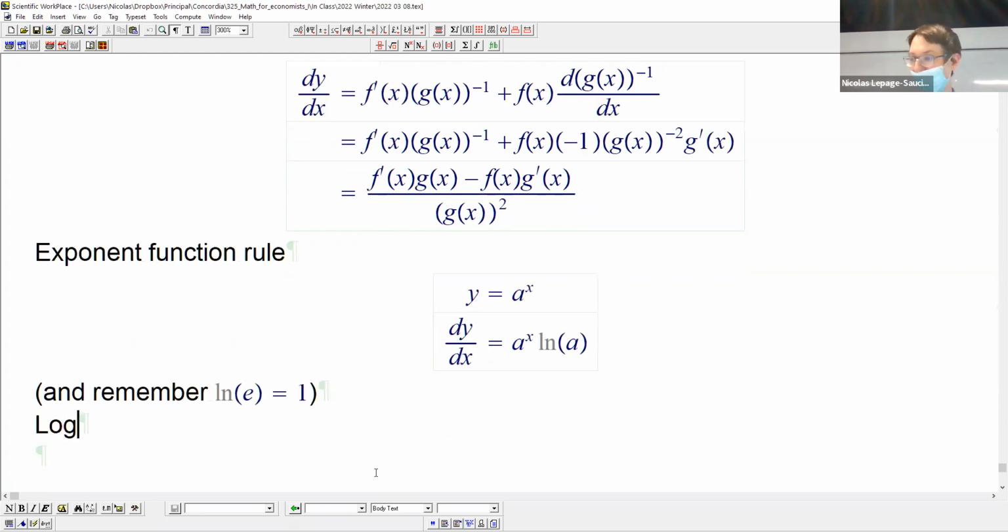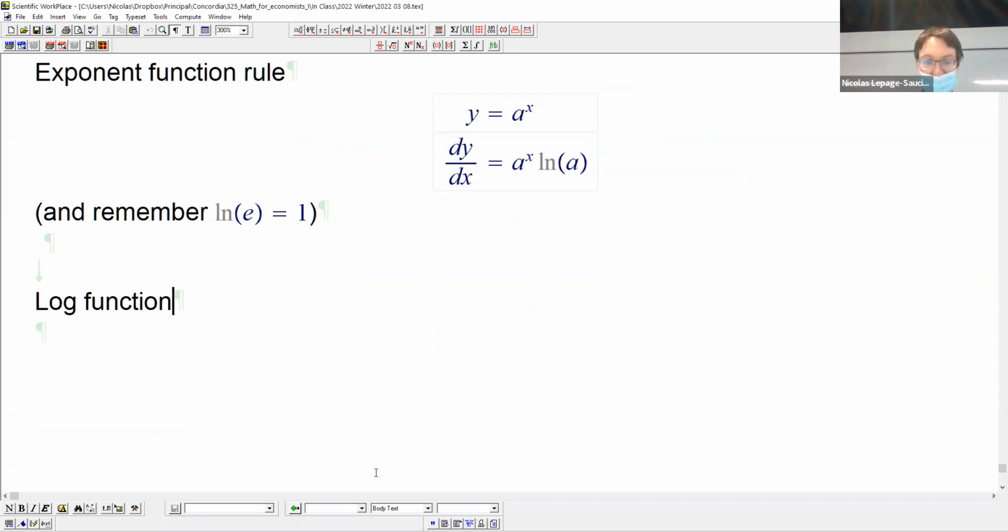Log function rule. So if I have y equals log base a of x, then y prime equals 1 over x times the natural logarithm of a.